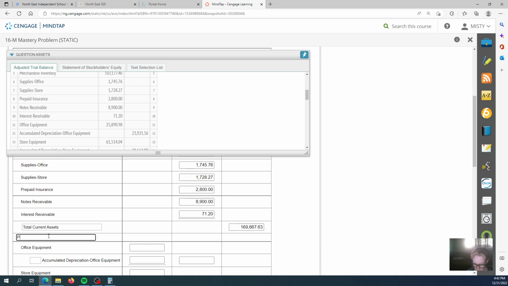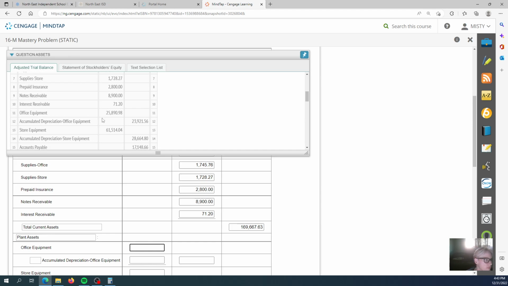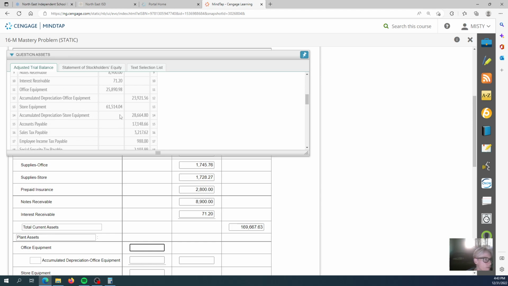All right. Then we have our plant assets. Okay, these are fixed assets, right? Our equipment. So our office equipment, it's right there. 25,890.98. Okay.